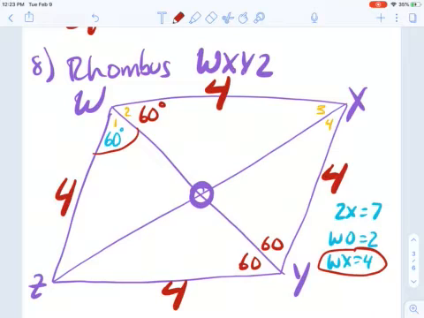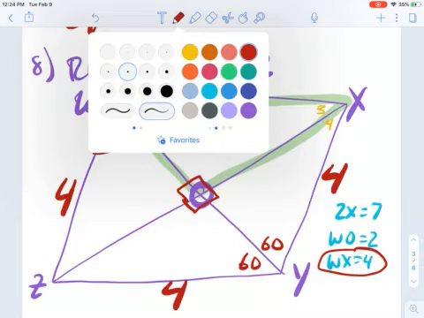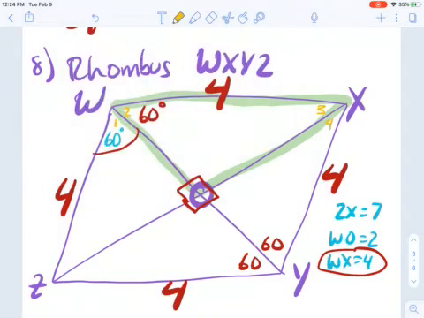The diagonals are perpendicular, which means all of these angles here where the diagonals meet are 90. We can then find angles 3 and 4. If we were even to break this up and look at it as a triangle, I have here a 90-degree angle, a 60-degree angle, which means angle 3 has to be 30 degrees, which means so does angle 4, which means the angles on the other side are also 30 degrees.